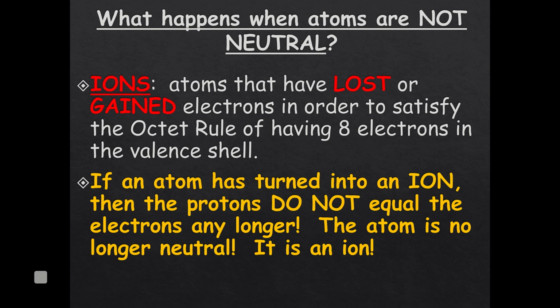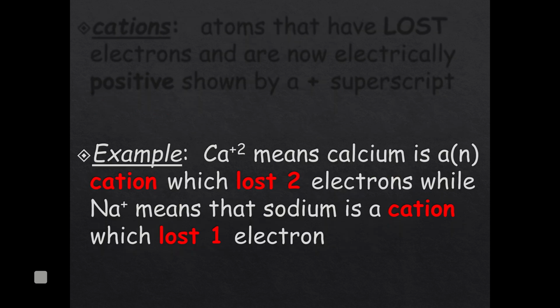Now the nice thing is atoms usually only gain or lose 1, 2, or 3 electrons. So we don't go much farther than positive 1, 2, 3, negative 1, 2, 3. There are exceptions. There's plenty of exceptions in chemistry that we don't get to at this level, but we can stick with that amount.